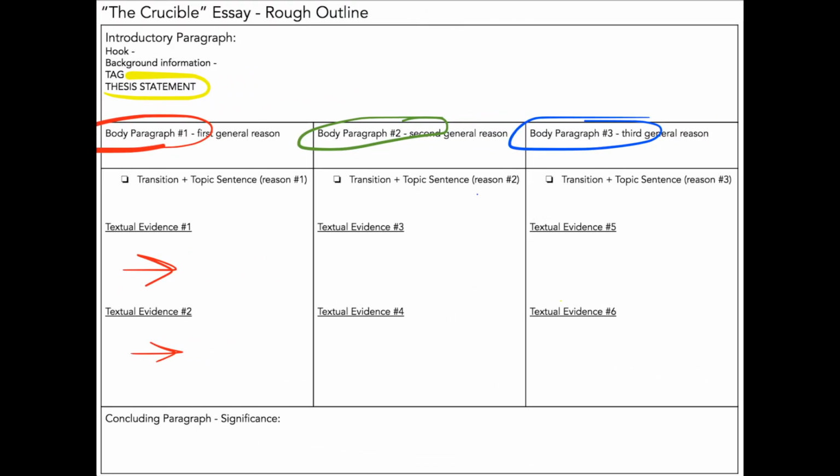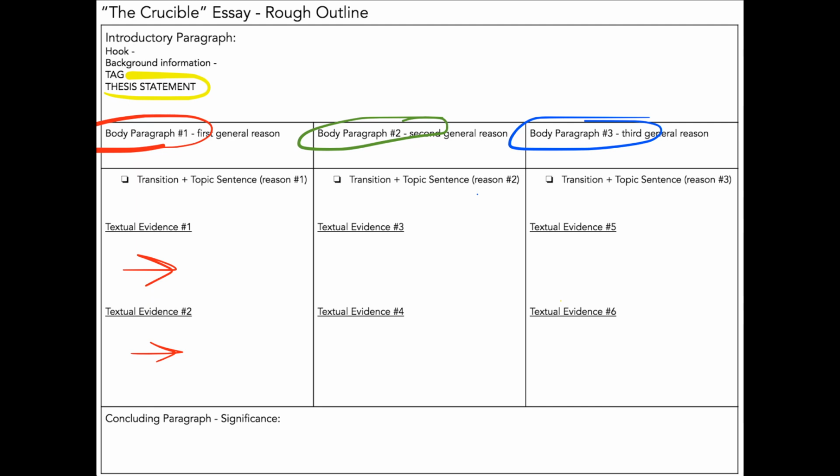Then this is the time-consuming part that you're going to be spending the majority of the class period today working on. You need to find 6 pieces of evidence. Yes, I said 6, because you're going to come up with 2 pieces of evidence for each of the 3 reasons. If you remember my example that I went over in class, I wrote how the power of people's personal beliefs leads to ethical dilemmas, and I explained it through 3 reasons.